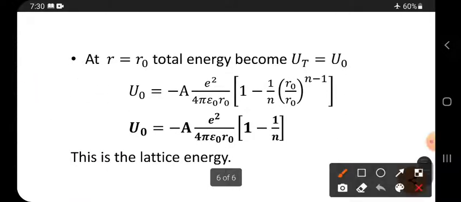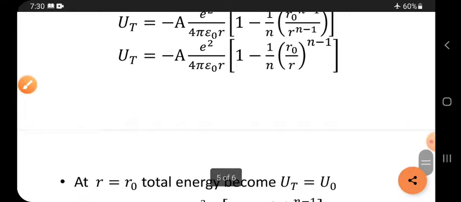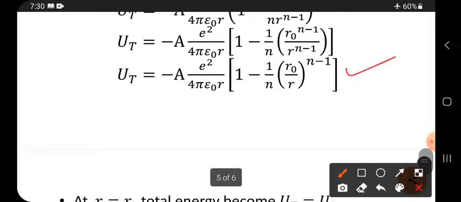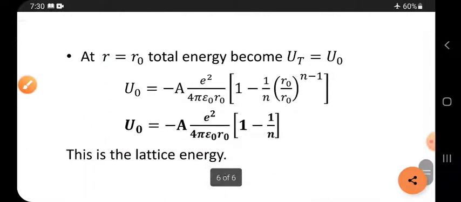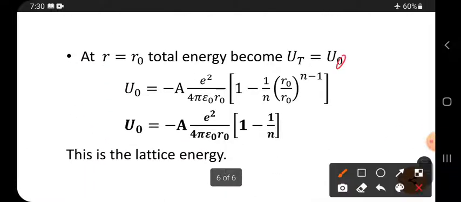At r is equal to r naught, total energy, right? So for this equation, in this equation place r equal to r naught, that means here and here. This equation finally becomes, and U t can be written as U naught. So U naught is equal to minus a. See here, r naught is substituted, here also r naught is substituted.